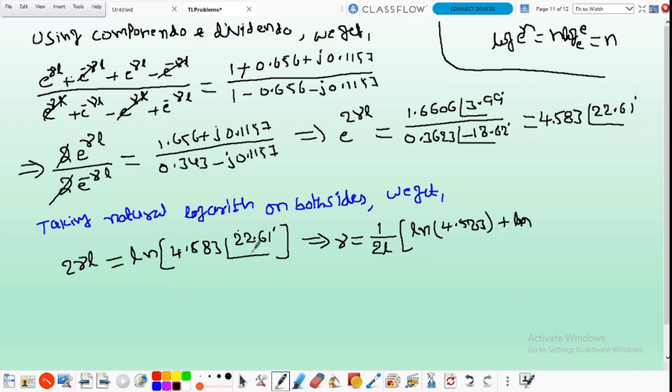At an angle of theta means e power j theta, so at an angle of 22.61 degrees, that is e power j 22.61 degrees.